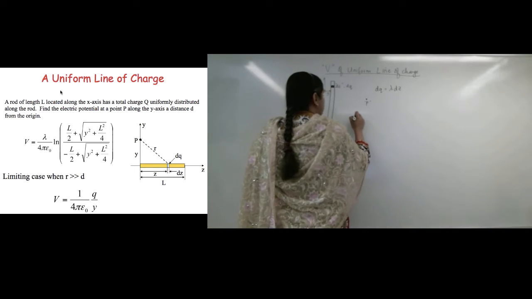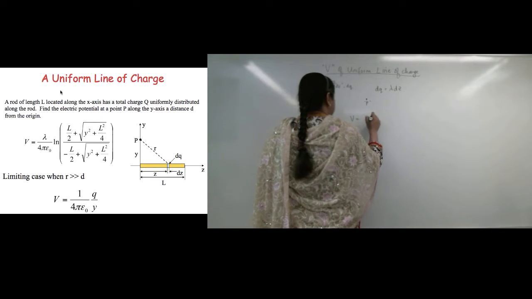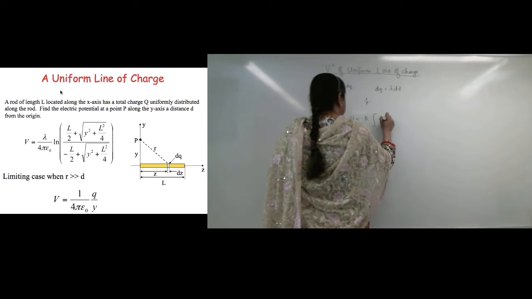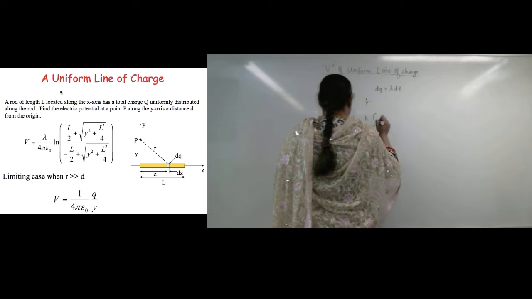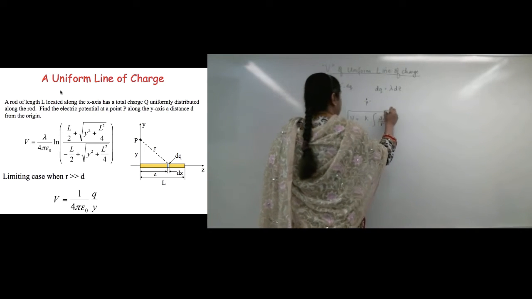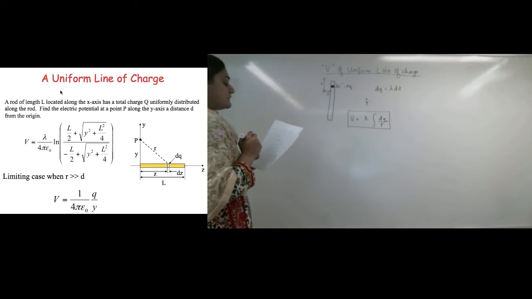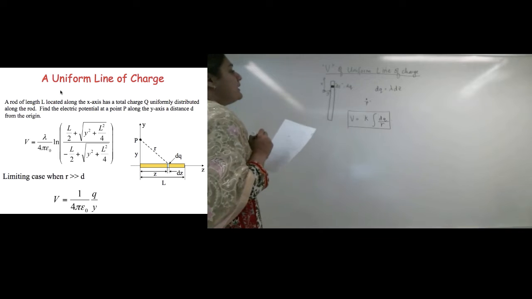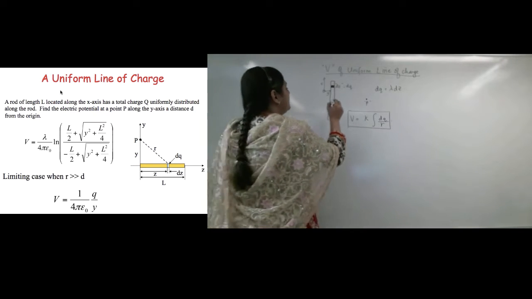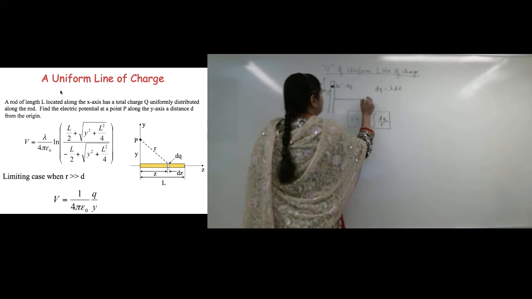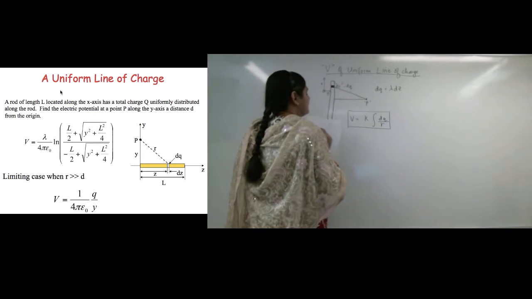So we said V will be equal to k times the integral of dq over R. That is a general formula we are always going to start from. So what is our R? R is going to be this distance here.